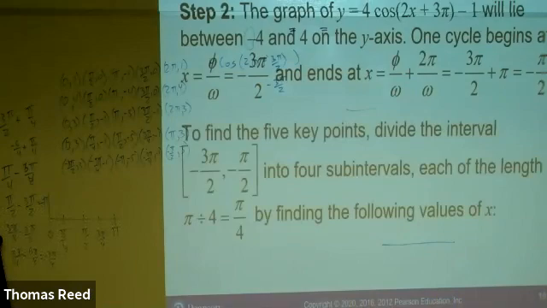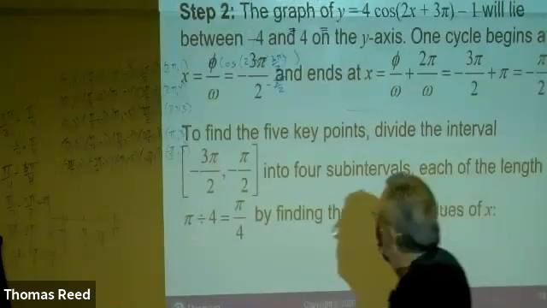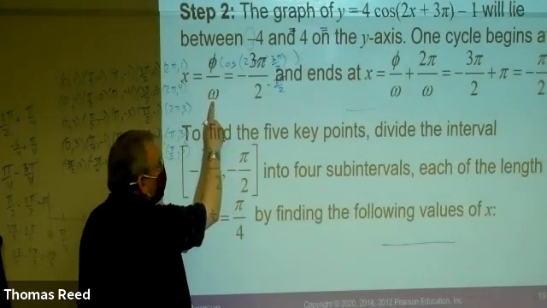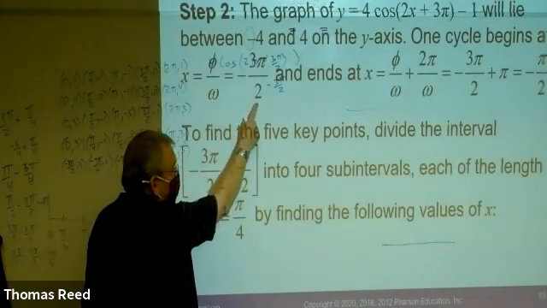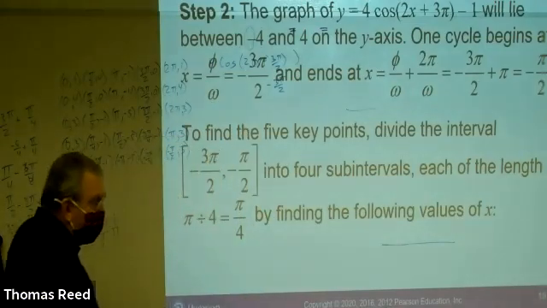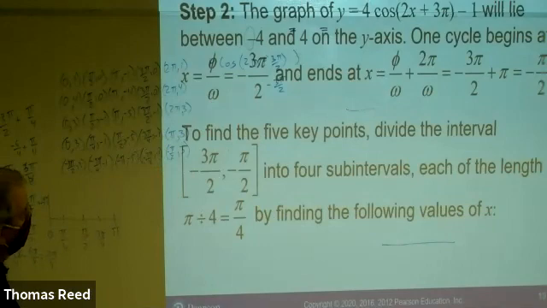One cycle begins at whatever the phase shift is, that's where it begins, because it's going to be 0 plus the phase shift. In this case, it's a minus. So it shifted back.